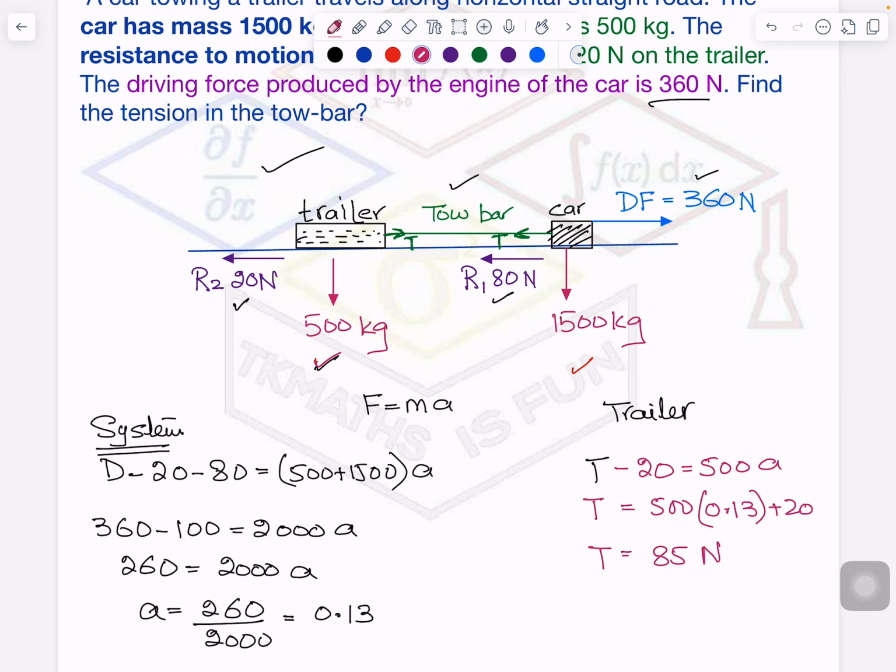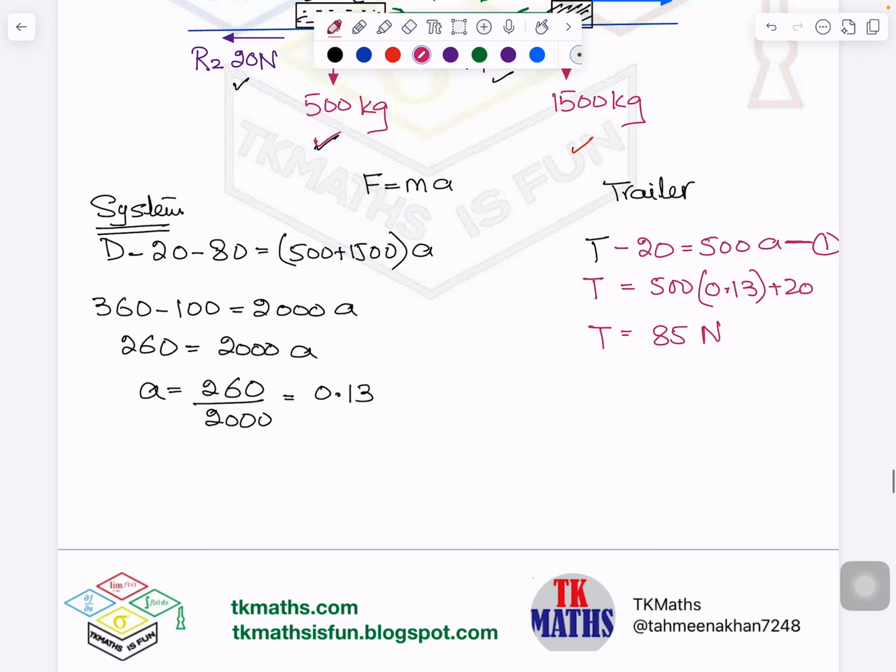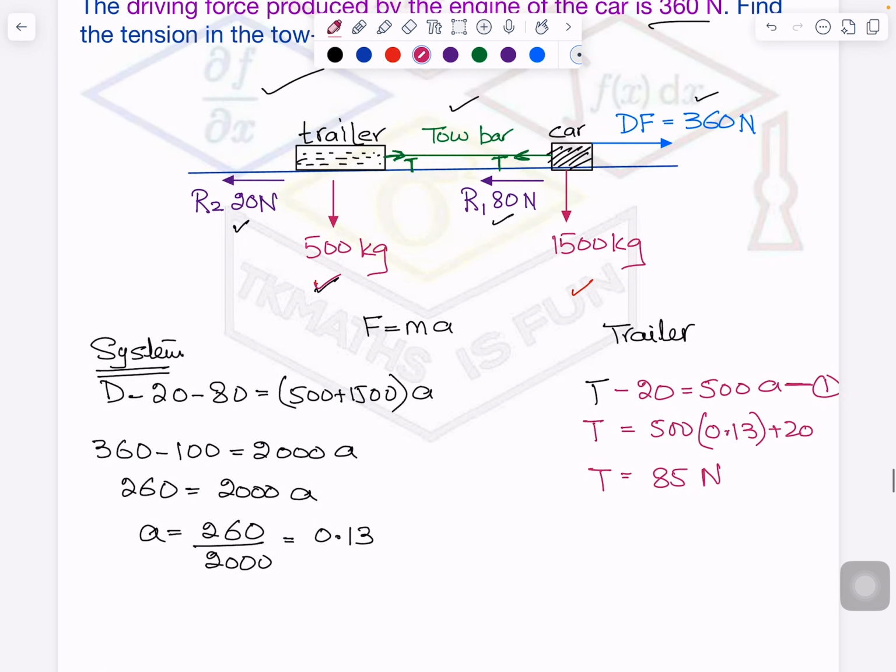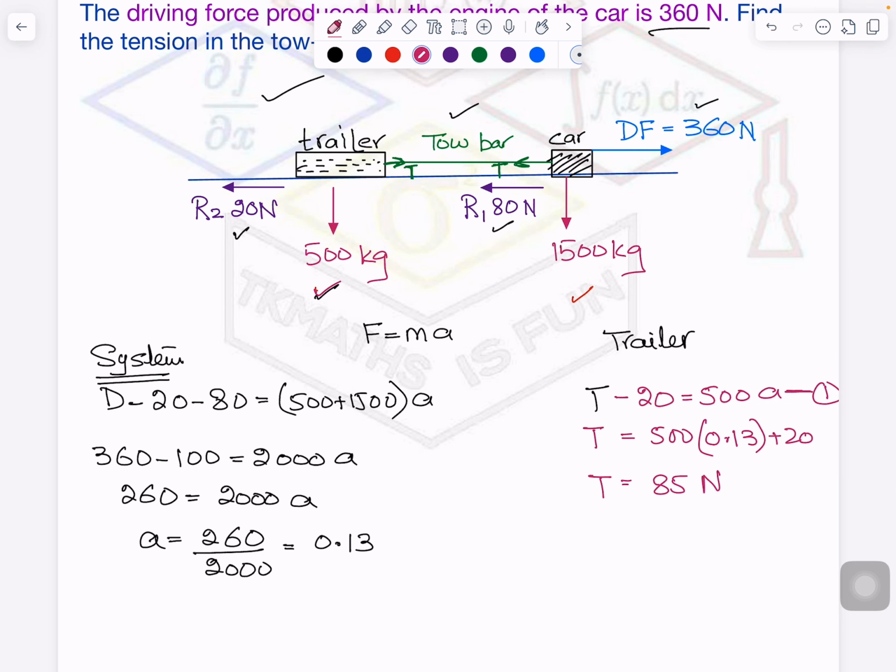Whereas if I do both individual, I do not do it by system. So trailer equation will be my first equation. In that case, I will not have A in first go, right? So my second equation will be with respect to car. Okay, let's write it here so that you can understand how you can solve it. So for the car point of view, it will be driving force minus tension minus resistant force is equals to mass of the car.